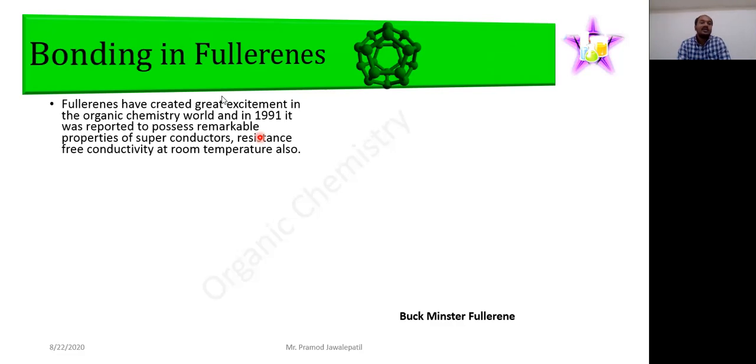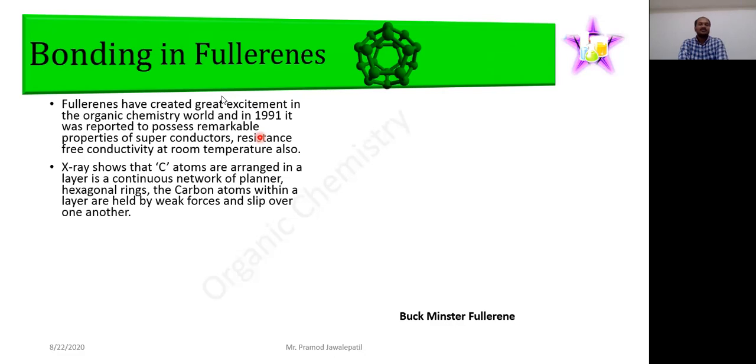Fullerene created great excitement in the organic chemistry world, and in 1991 it was reported to possess remarkable superconductor properties. As I already told in the last lecture, due to the extended conjugation present in fullerene, it shows superconductor properties, resistance-free conductivity even at room temperature.